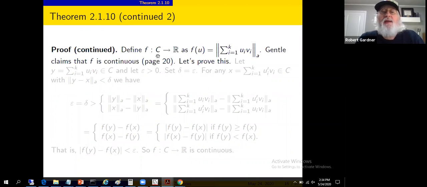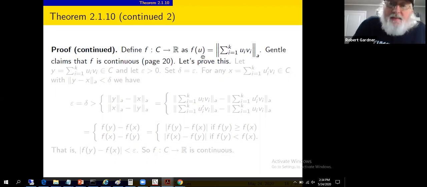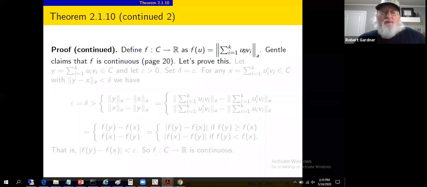We're going to define a function f, mapping this closed and bounded set C into the real numbers, by defining f of u to be the A norm of this vector u, which has this particular linear combination representation in terms of the basis vectors. Notice we have to put on the condition that these be unit vectors with respect to the rho norm for the mapping to have the appropriate domain. The codomain is the reals.